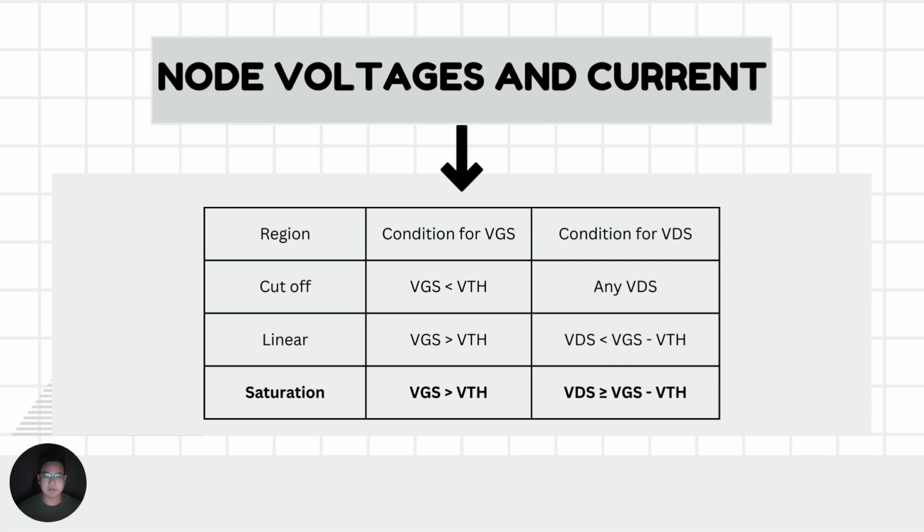The node voltages we currently design will be in saturation region, which is going to follow the condition highlighted here in bold, which is the condition for VGS and also the VDS.